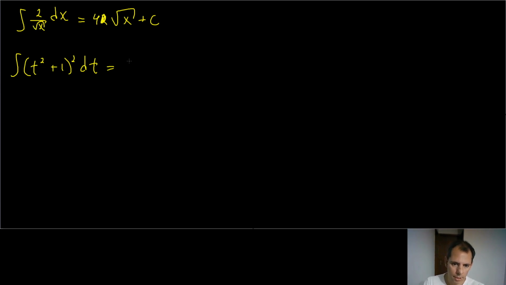So this is going to be (t squared plus 1) cubed divided by 3, divided by 2t, which is the derivative of the inner function. So this is going to be 6t. Man, cubed. This thing is going to be a pain.